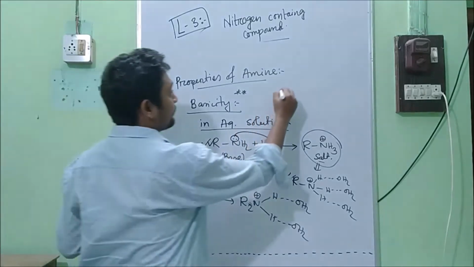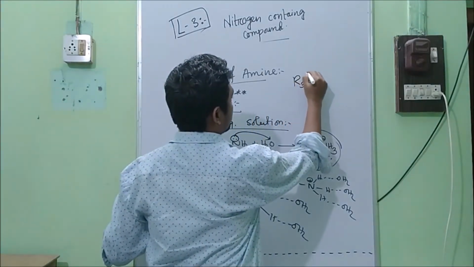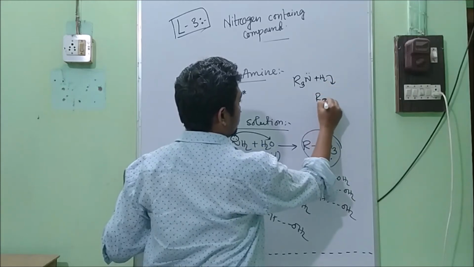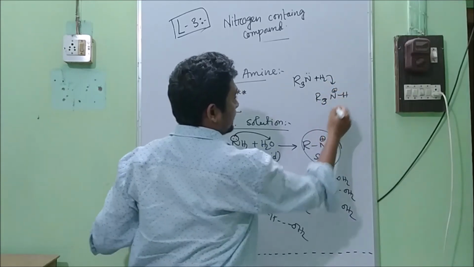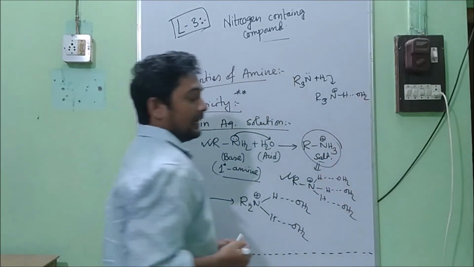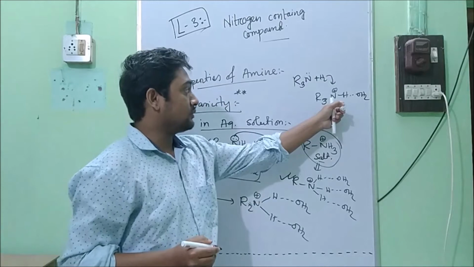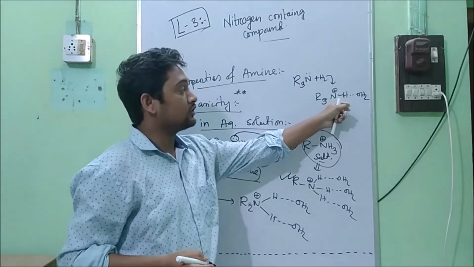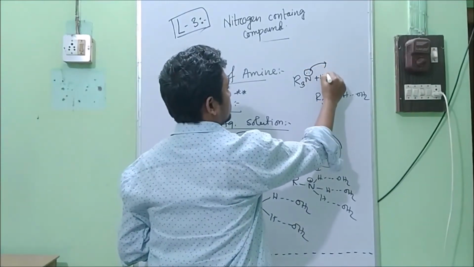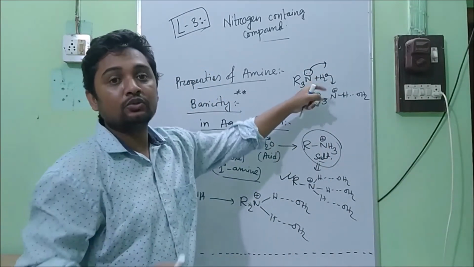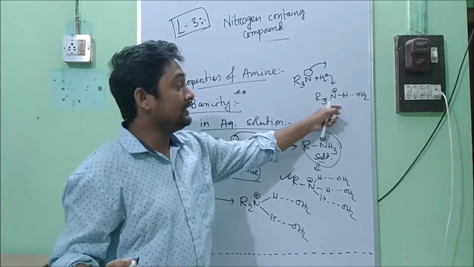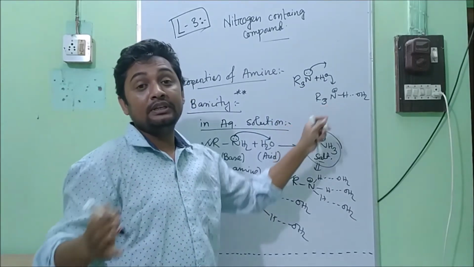In the case of 3 degree, R3NH positive, there will be 1 hydrogen, so it will make only 1 hydrogen bond. So it has the least number of hydrogen bonds, and it will be least stable. Because of this least stability, it will not have a tendency to donate the lone pair, because after donating, its conjugate acid will be least stable.